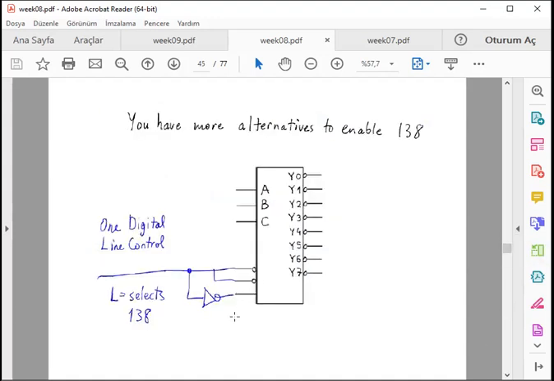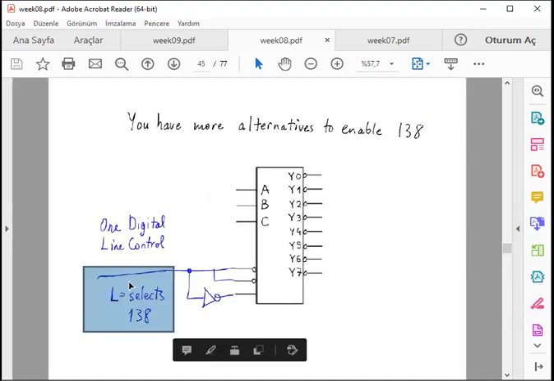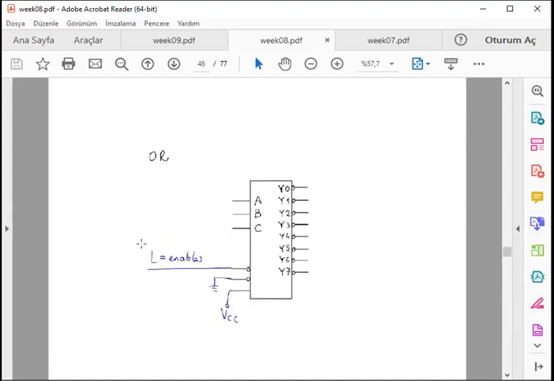So, why do we have 3 enable inputs? In order to have more versatility in the input approaches. We can control the chip with only one logic signal, setting low or setting high. So we connect any one of them.